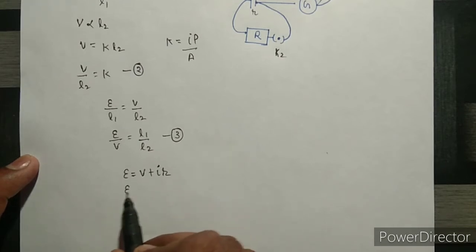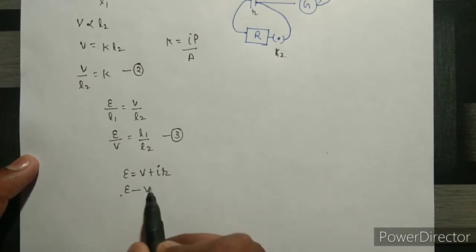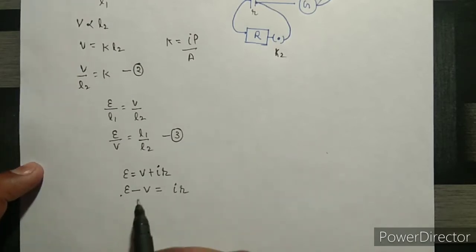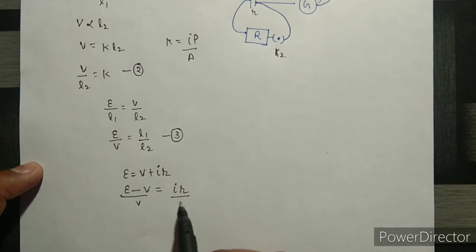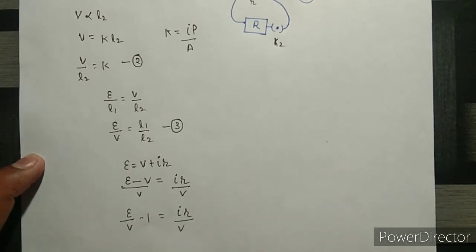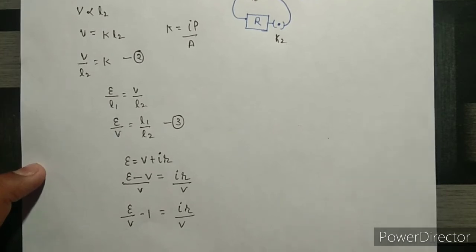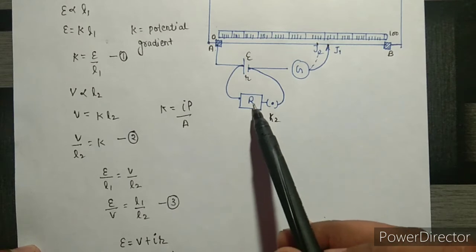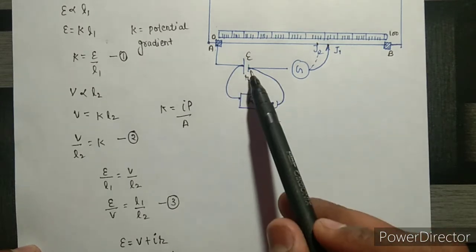Means E minus V is equal to I r, and if we divide both sides by V, then we get E upon V minus 1 is equal to I r upon V, where V is the potential drop across the cell E, and R is also connected parallel to this cell.